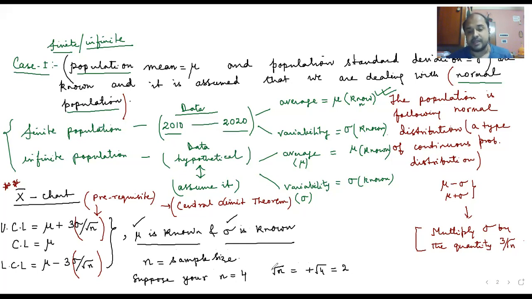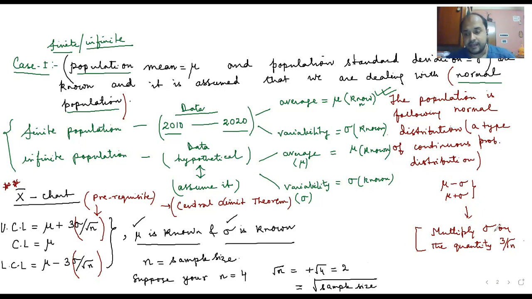Because n is the sample size, it has to be positive, because you cannot say that I have gone to market and bought minus 10 bags. So if that has to be positive, its square root also has to be positive, the square root of the sample size.